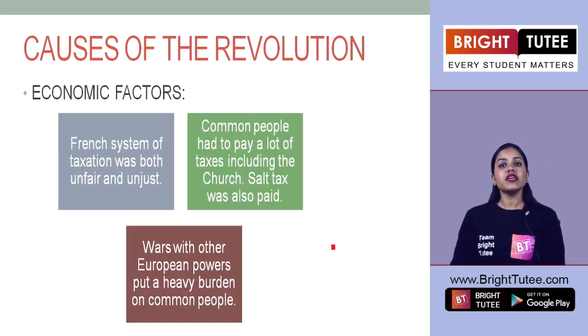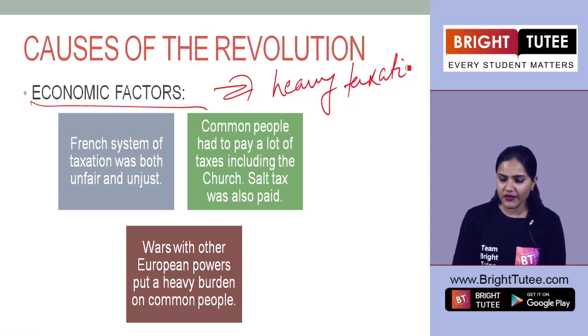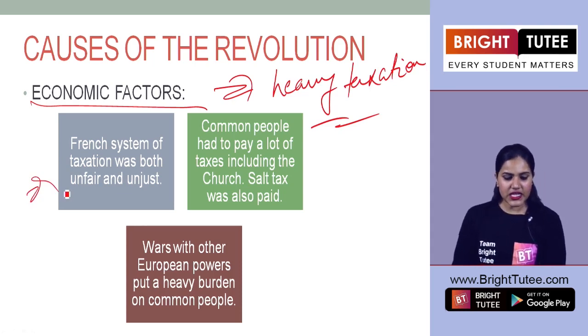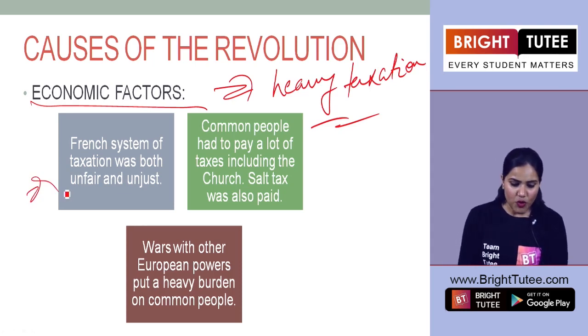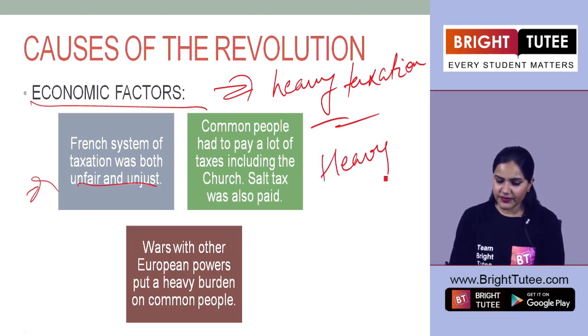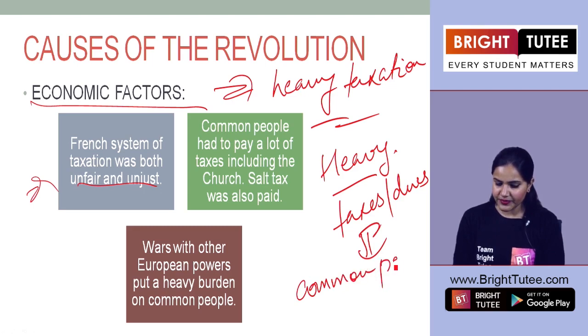Now, focusing on the economic factors. Students, you already have learned a lot of points related to heavy taxation. The French system of taxation was both unfair and unjust. When we are talking about heavy taxes or dues, they were being imposed on common people.